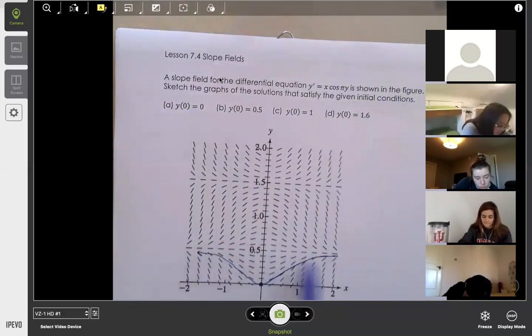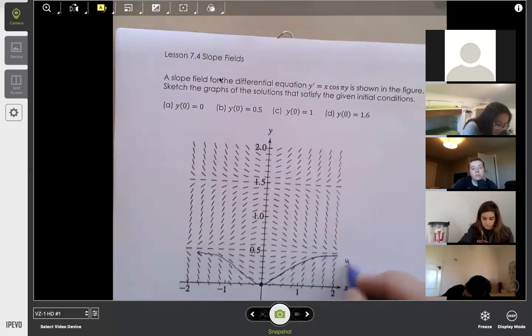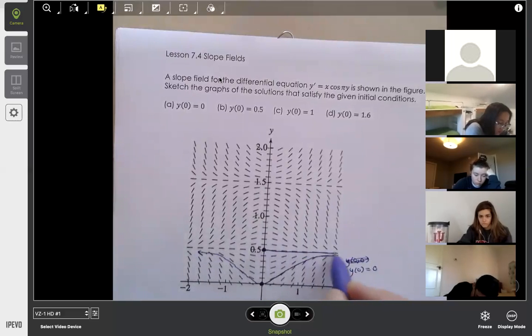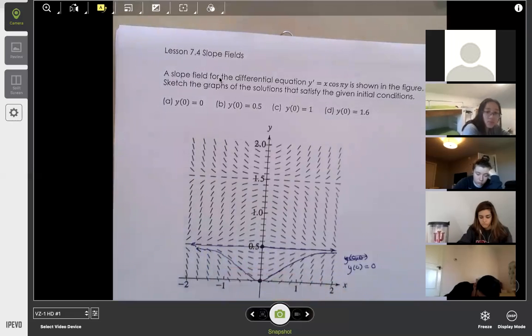Because I have a row of horizontal tangent lines here, it looks like I've got an asymptote thing going on. Okay, so that would be y of 0 is 0. Y of 0 equals 0.5. So the point 0, 0.5, well, if I draw something to match those lines, that looks like just a constant function.